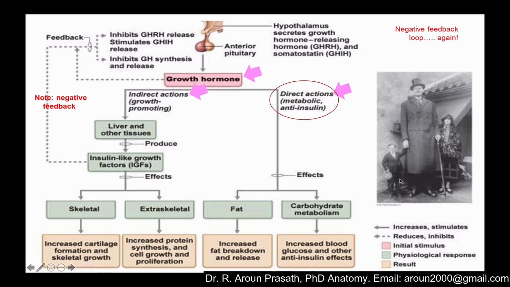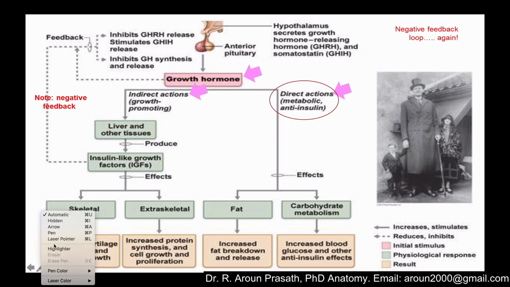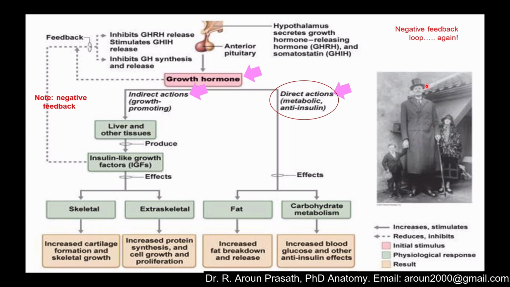Whereas if the growth hormone is not released, then the patient doesn't grow. We call them dwarfs, and the condition dwarfism. They don't grow at all. The bone strength will be there, but the growth will not be present, and this is the normal growth level. This is gigantism, and this is dwarfism, due to disturbance in the growth hormone.